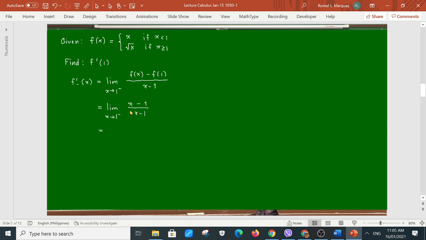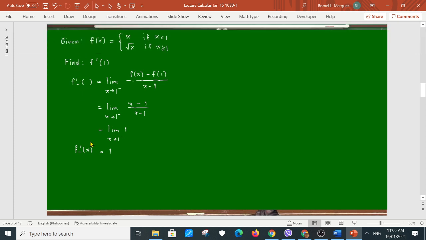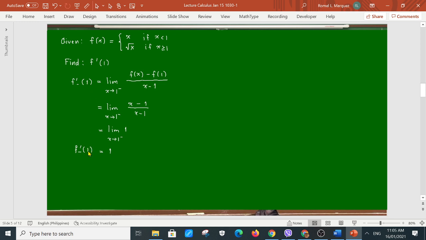So this is cancelled, therefore this is equal to 1, and the limit of 1 is 1 as x approaches 1 from the left. So what's the limit? Equals 1. F prime of x. Okay? But what is x, by the way? No specific value. What specific value of x? 1, no? That is what we're looking for.